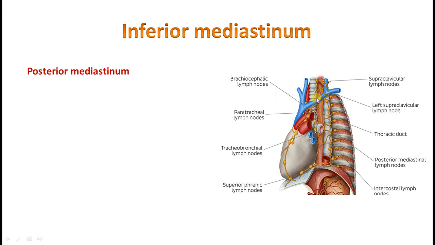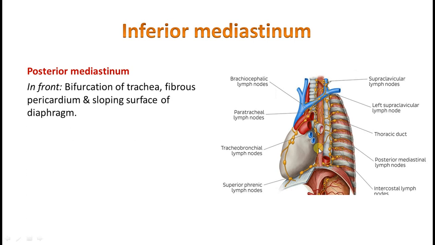The posterior mediastinum is this part. Now what are the boundaries of the posterior mediastinum? In front you have the bifurcation of the trachea, then the posterior surface of the pericardium, and then the posterior sloping surface of the diaphragm.